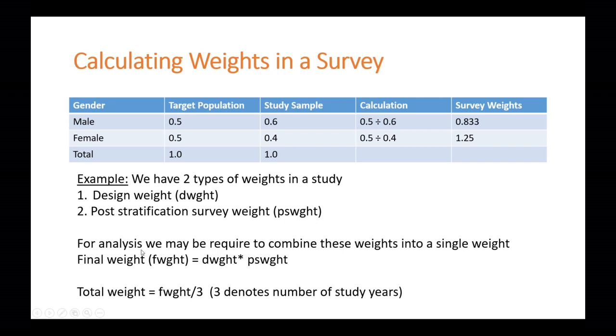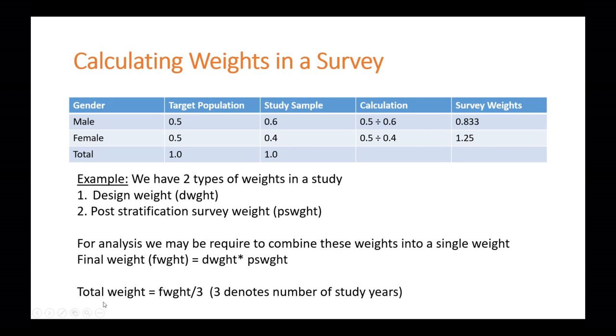For analysis, we may be required to combine these weights into one single weight. So we can multiply both these weights together and make a final weight, and we can use this final weight in our analysis when we are doing statistical analysis using SAS.